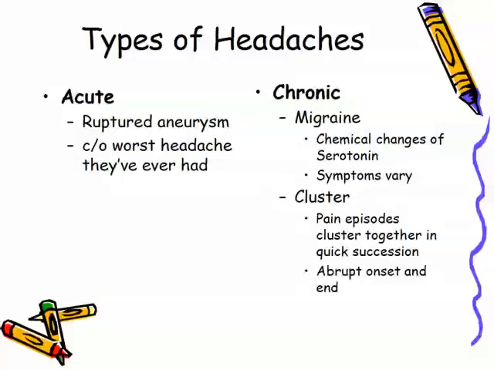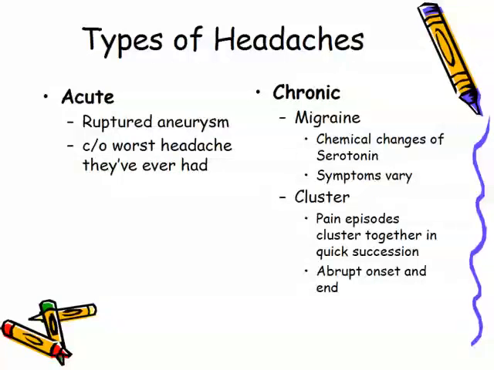Chronic headaches can fall into different categories. We mentioned migraine headaches a little bit ago. Typically, that's due to a chemical change of serotonin. Some patients have very severe symptoms, and some have milder. It can really vary from patient to patient, but typical symptoms associated with migraines are nausea and vomiting, fatigue, photosensitivity, where the light bothers their eyes, and irritability.